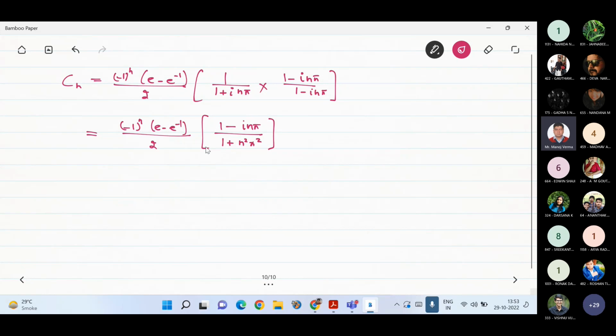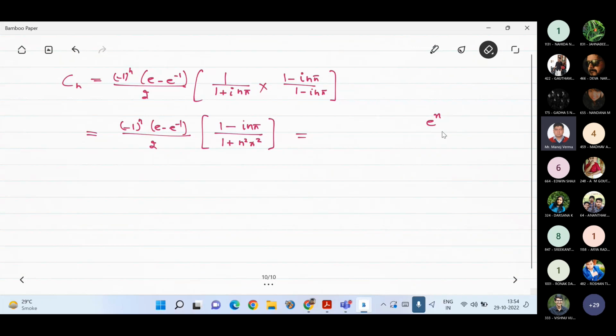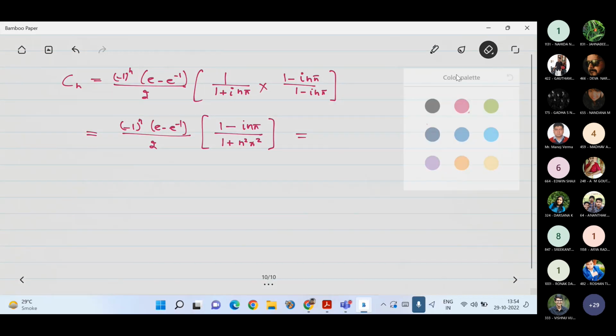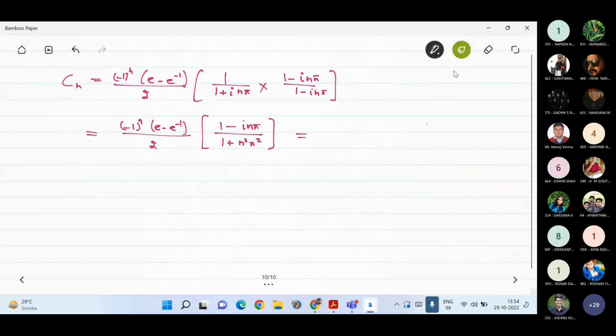Okay, so now this e minus e raised to the power -1, right? This I can write as e raised to the power x minus e raised to the power minus x by 2.